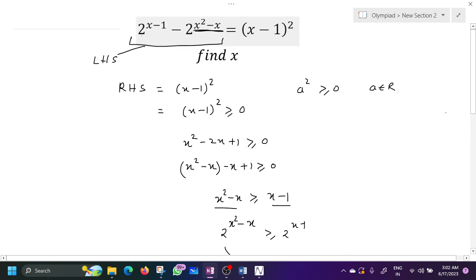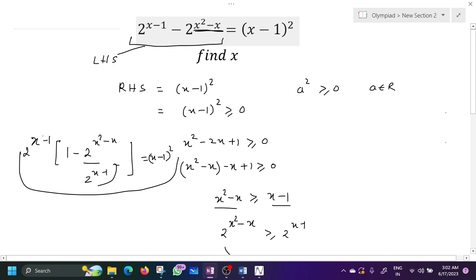You take out 2 to the power x minus 1 common, so you get 1 minus 2 to the power x square minus x over 2 to the power x minus 1, and you begin from here, which is equal to x minus 1 whole square. So this power will go up, and then again you will get 2 to the power x square minus 2x plus 1. So you can solve this equation from this method also. Let's not discuss that. You can try it on your own.